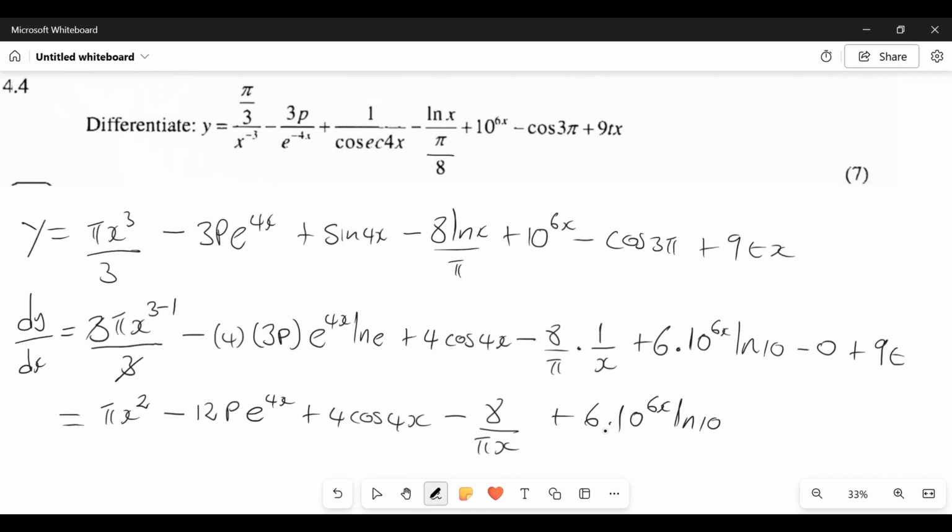Guys, don't multiply 6 with 10 to the power of 6x. It's not allowed, right? And then we write -0. Guys, include the -0. Very, very important. Sometimes it's a mark, sometimes it's not. So don't risk it. Just include it. And then for the last one there's no simplification required. It's just 19. Guys, this is our final answer after simplifying.